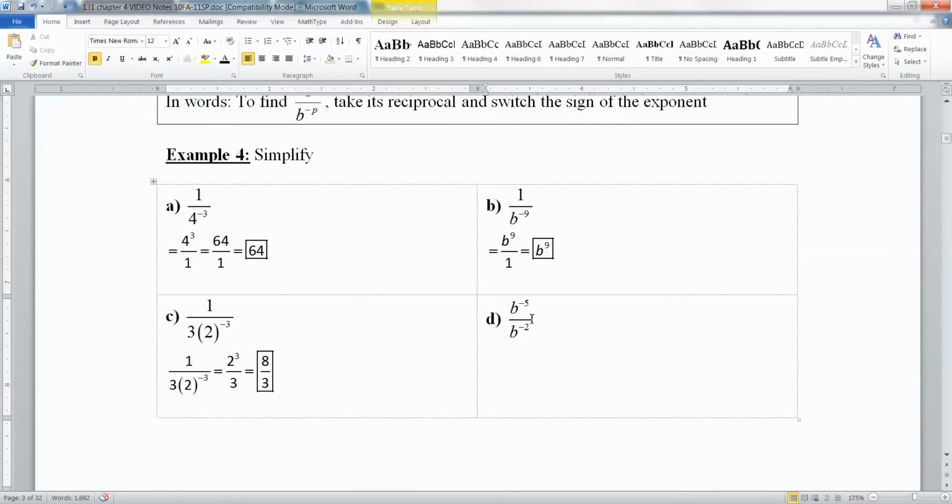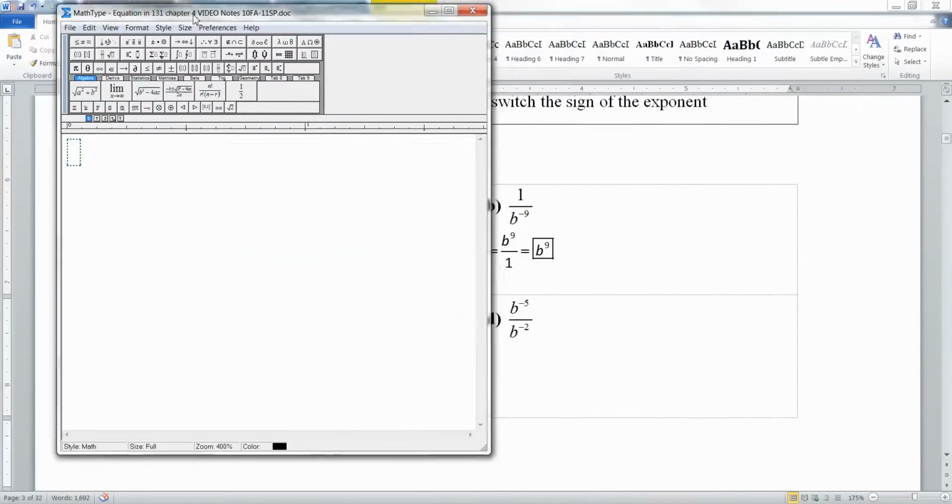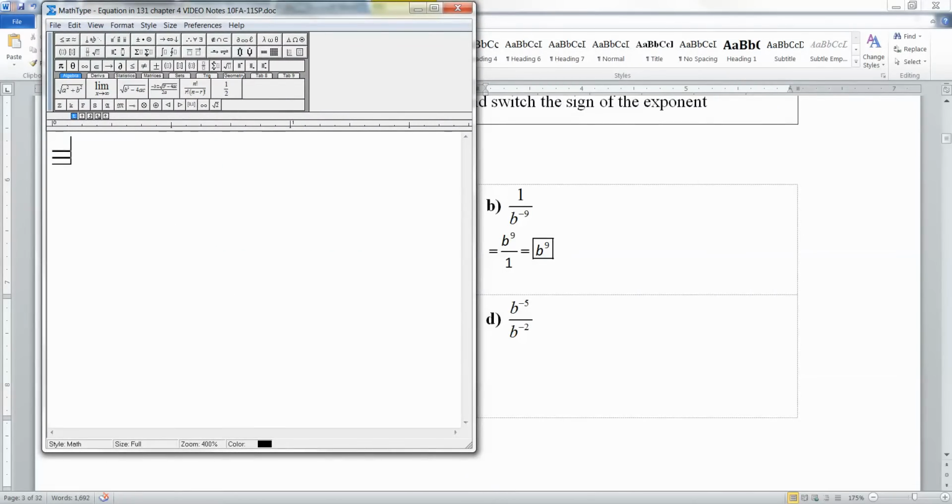All right, what if they're both negative? Well, then what do you do? Good question. Okay, so if you have b to the negative 5 over b to the negative 2, you flip both of them. So b to the negative 5 was on top. You move it to the bottom and write b to the positive 5. You lose the sign. So you make the reciprocal and change the sign.